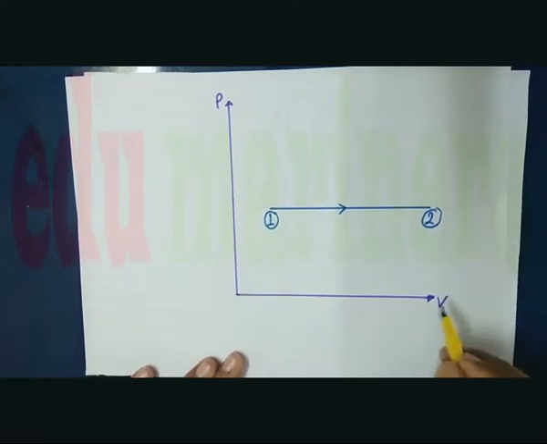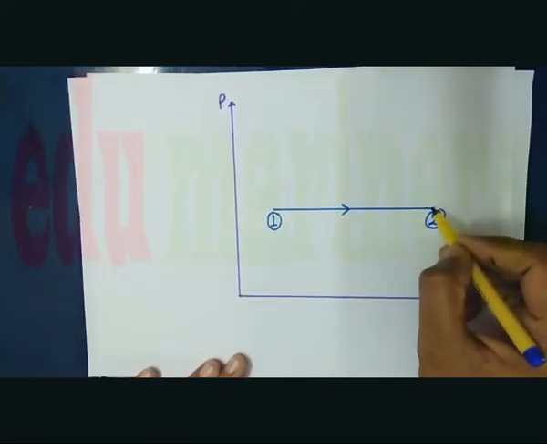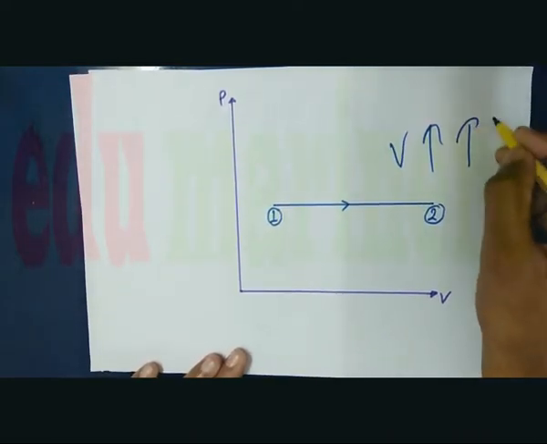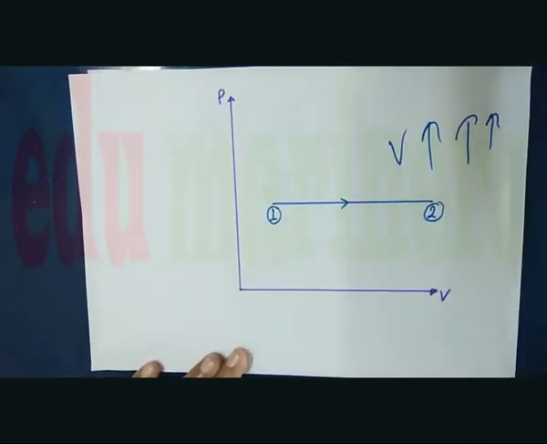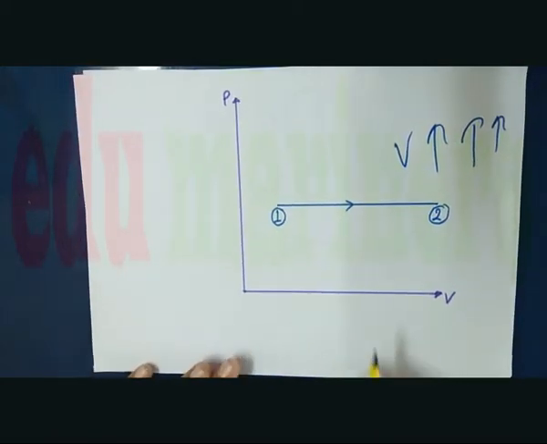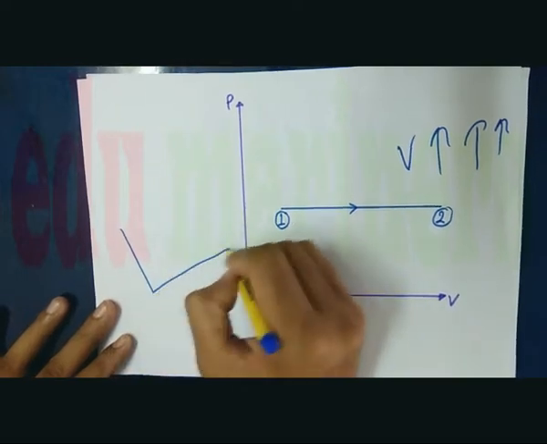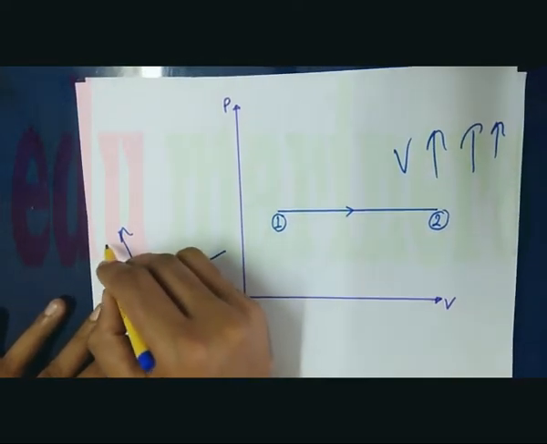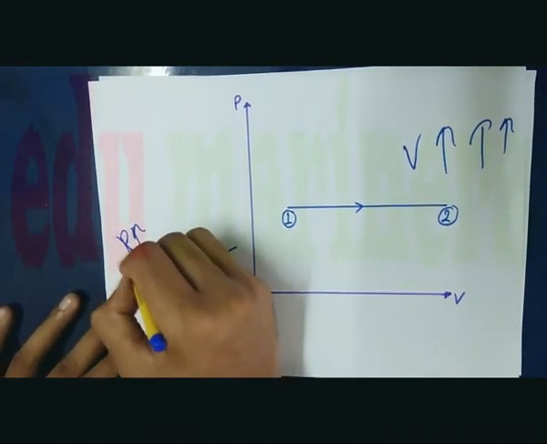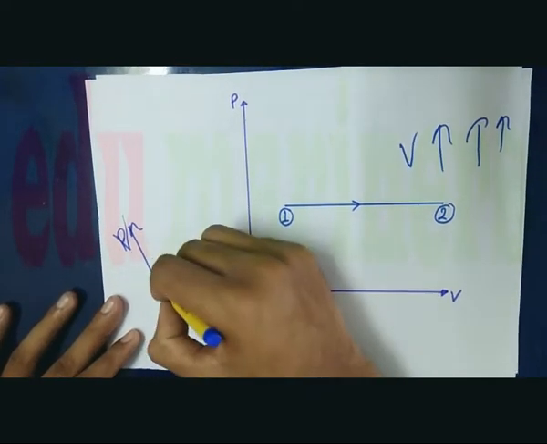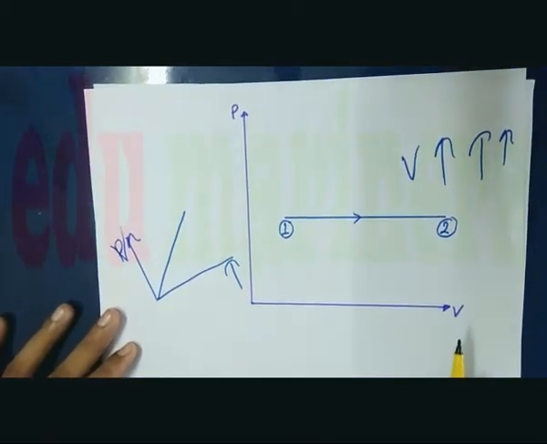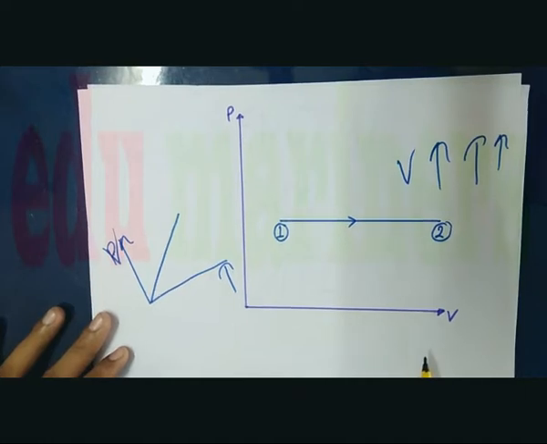Since the volume is increasing, the temperature will also increase. So this was the representation of Charles' law. We can also represent this as a V versus T graph, which will be a straight line. But basically we explained this with the P versus V graph. So this was about Charles' law.